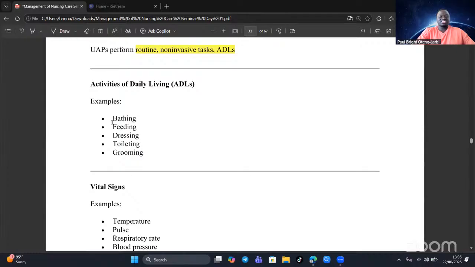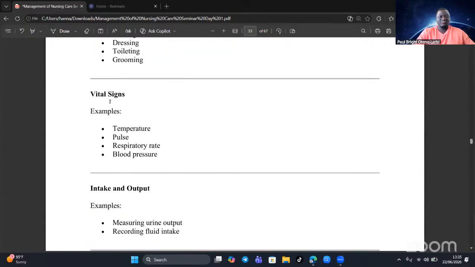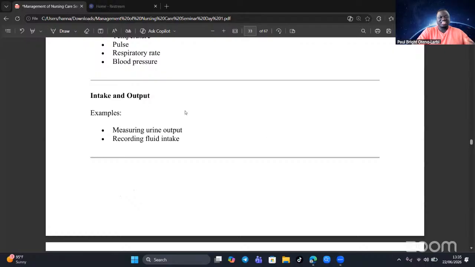So activities of daily living, this is a normal thing: bathing, feeding, all this, and this is non-invasive. It is also routine, so they can do grooming. Vital signs are routine and non-invasive. They can do intake and output, measuring urine is routine. They can do recording fluid intake.